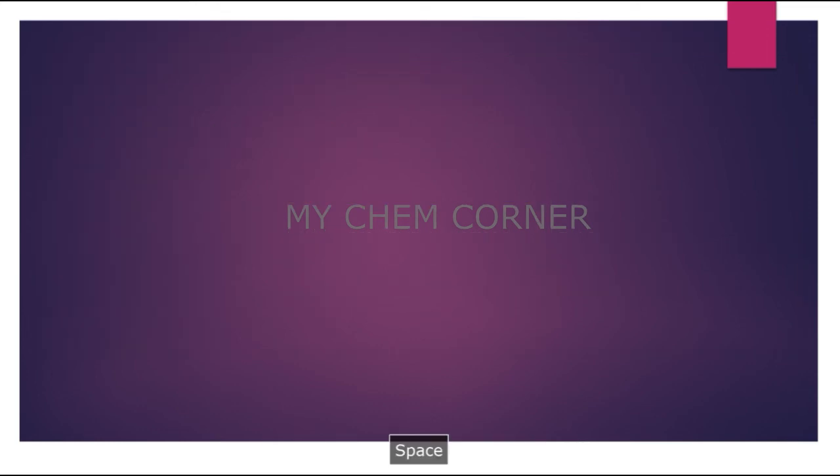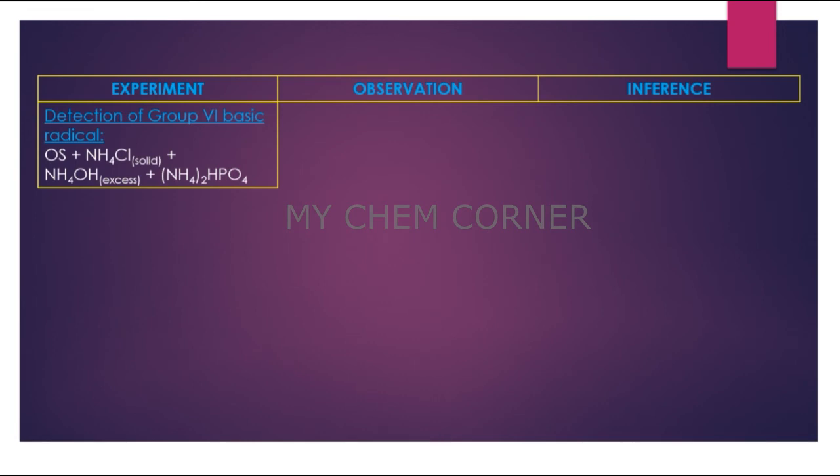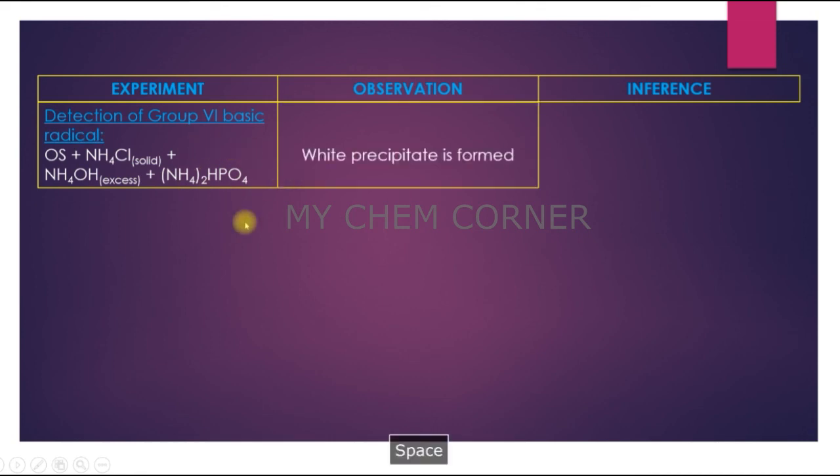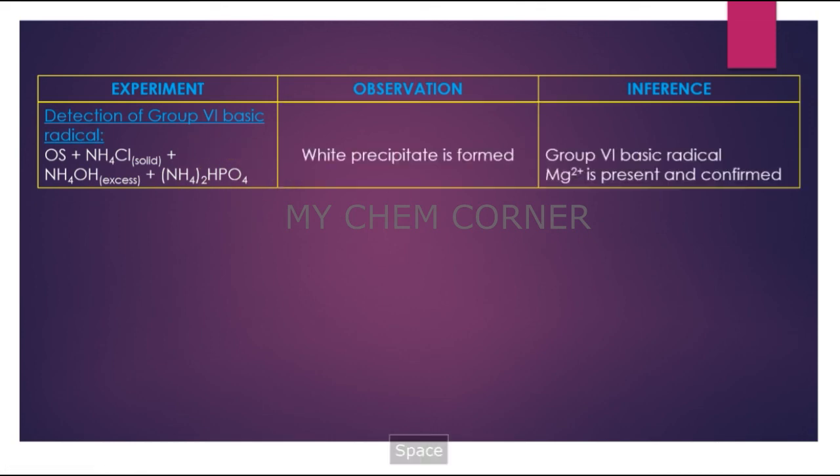So what do you do? You move to your last group, which is group 6. Again, you take your group 3 reagents and you add ammonium phosphate. You will get a white precipitate, which is confirming the presence of Mg2+, which is a group 6 basic radical. You don't have a separate confirmatory test for group 6. So you just say group 6 basic radical is present and confirmed.